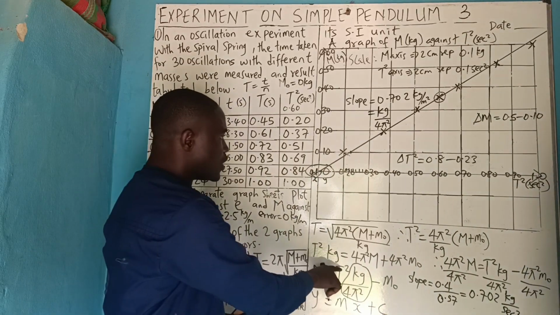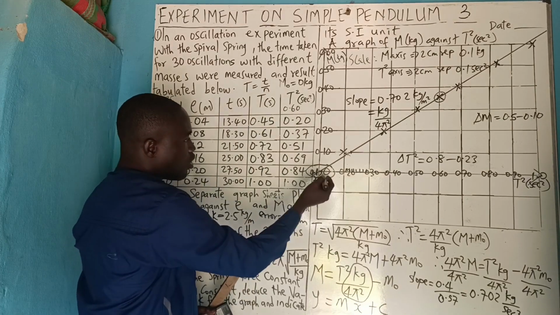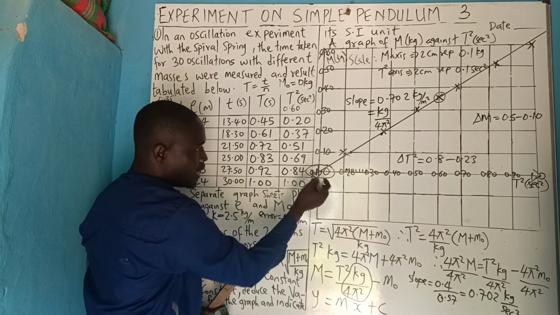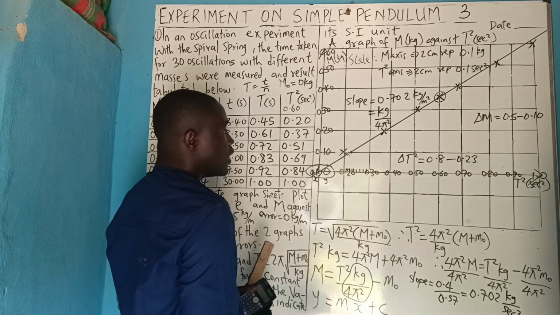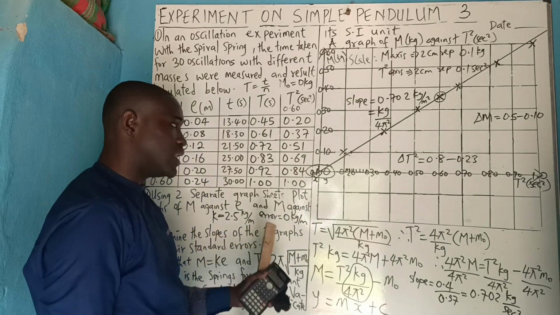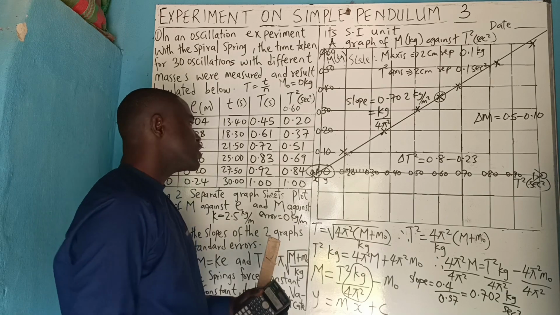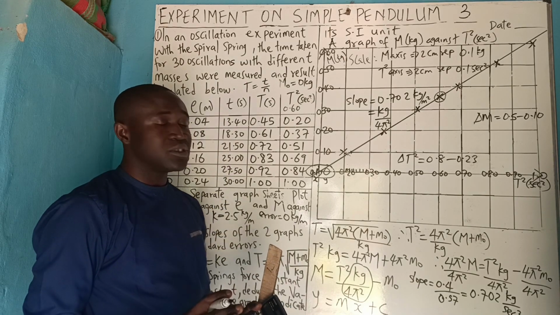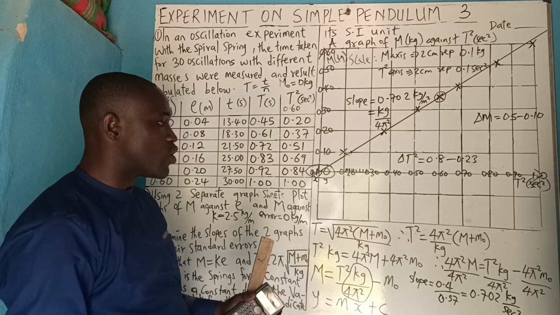Our m0 is 0 kg, because the line meets the y-axis at 0 kg. So if you plot your own and you are getting a negative, you also indicate it. You know, the answer depends on how accurate the result of your experiment is. That will determine the degree of error you will encounter and how your answer will go.